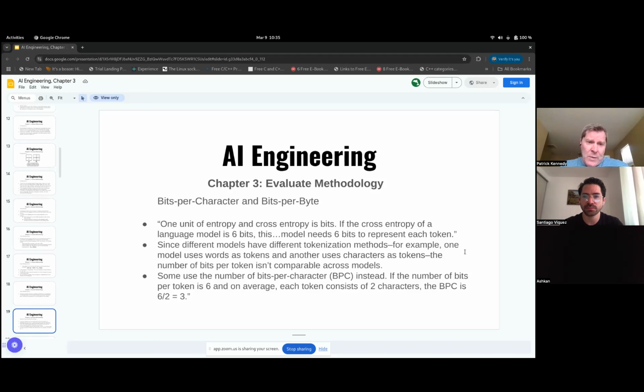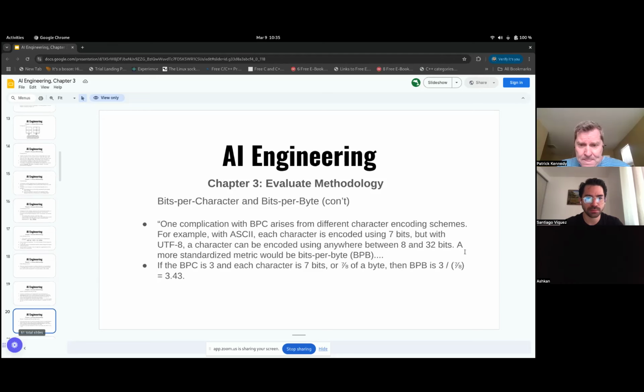So it also talks about bits per character and bytes per character. This is very interesting. Specifically noted here is that sometimes bits per character is not going to work too well with UTF-8 characters that are multi-byte, where it's between 8 bits up to 32 bits.